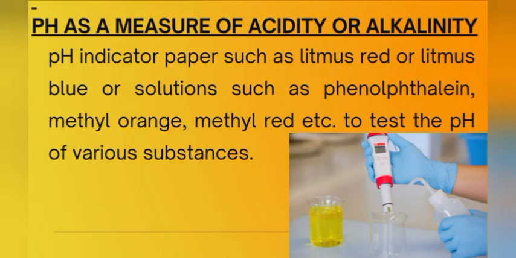But at least your litmus paper, either red or blue, tells you that the substance is acidic or basic when you dip the wet litmus paper inside the substance, or when you expose the wet litmus paper to the gas involved. You can have an acidic gas or a basic gas.